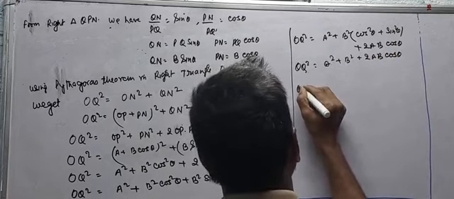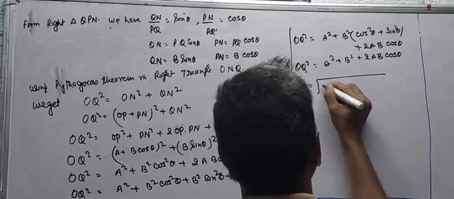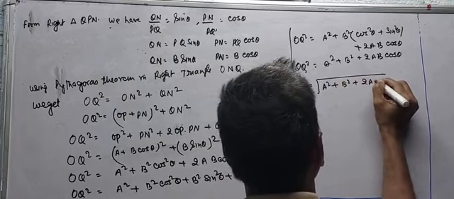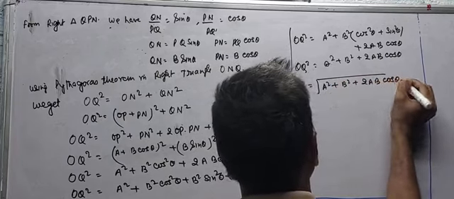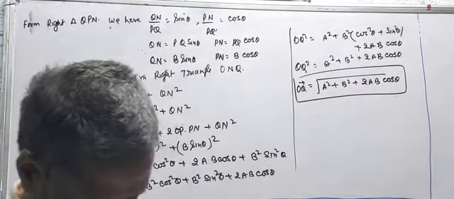Then OQ vector equal to under root A square plus B square plus 2AB cos theta.